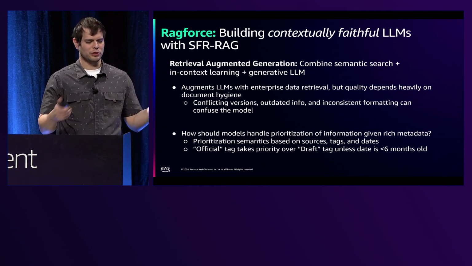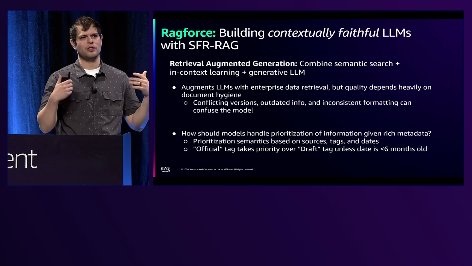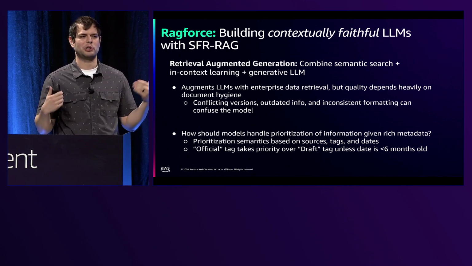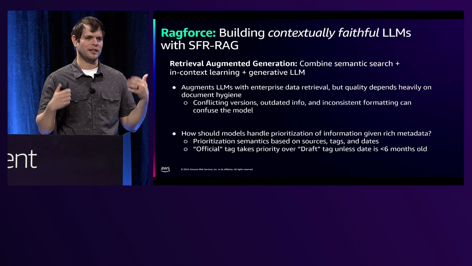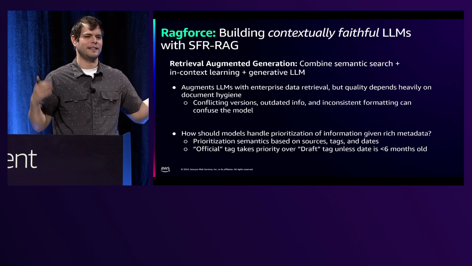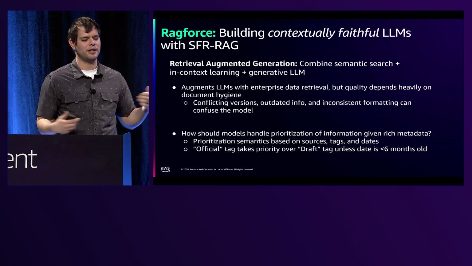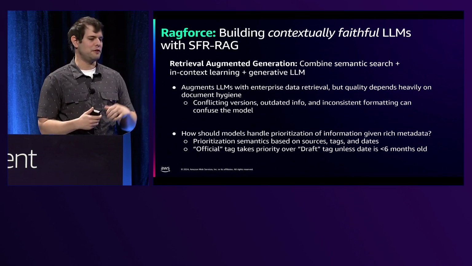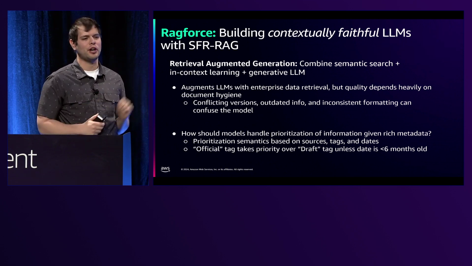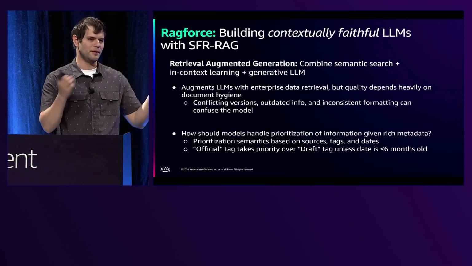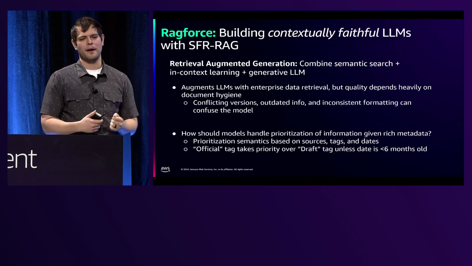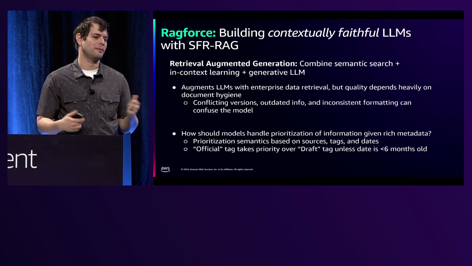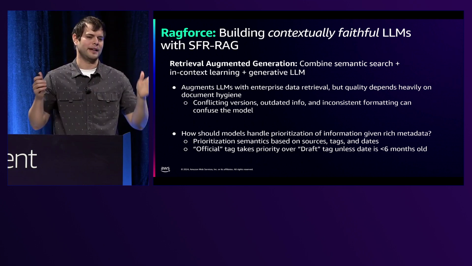And if you drill down, you ask yourself, how should models handle prioritization of information given the rich metadata that exists with these documents in the enterprise? To give a concrete example, maybe you want to tag this as the official document for this team or this org, and maybe that takes priority over a draft of this document, like the next quarter plan.